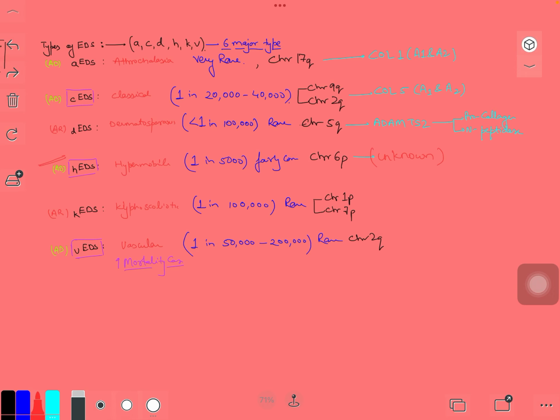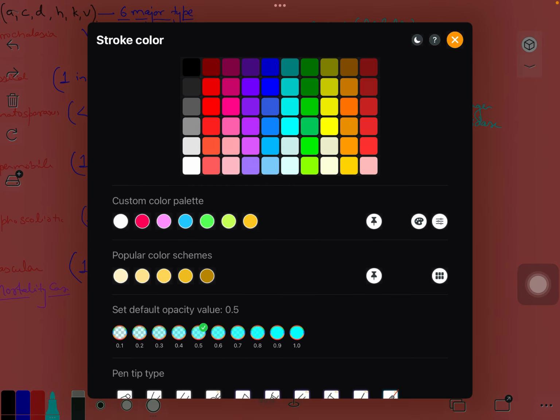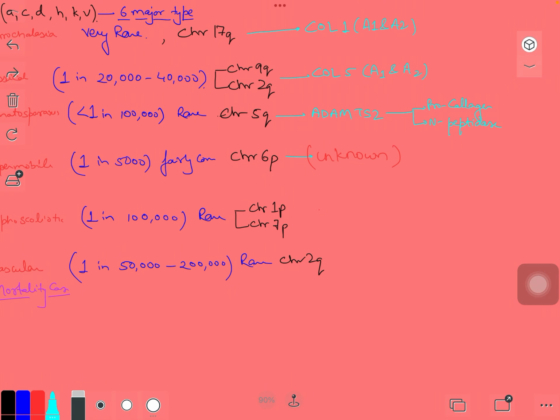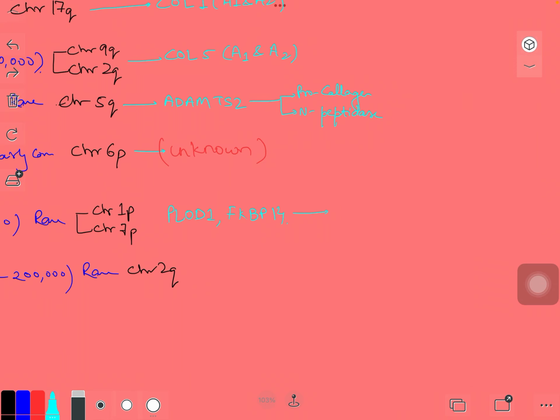Anyways, for the K type it is the PLOD gene, PLOD number 1, and FKBP14, FKBP number 14, and they code for a very important protein, which is lysyl hydroxylase enzyme.